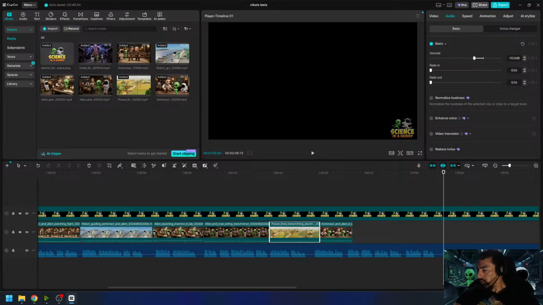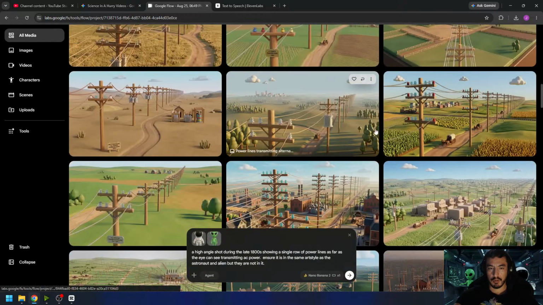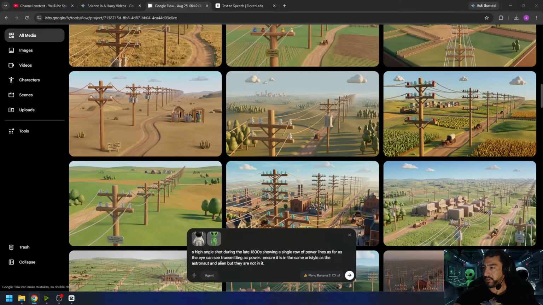Okay, so what we can do, similar to this. So the script says Tesla made it possible to deliver reliable, affordable electricity to entire cities, powering factories and homes on a global scale.